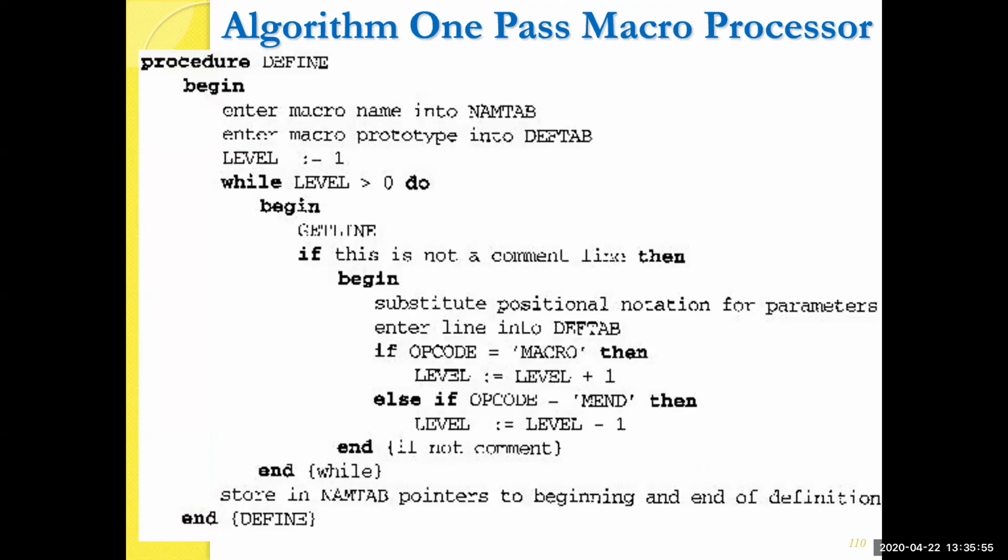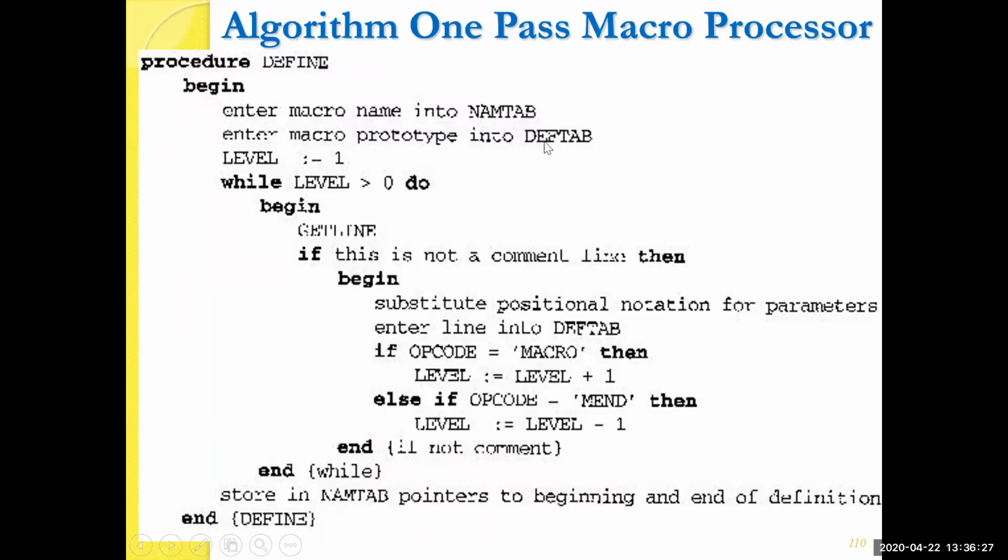The procedure define is shown here, and the function is to save the macro definition with the prototype and the name into the name table with the definition saved into the definition table. As you see, the first line here is enter the name into the name table. So when the define procedure is called, the procedure first enters the macro name into the name table, which is generally in the label field.